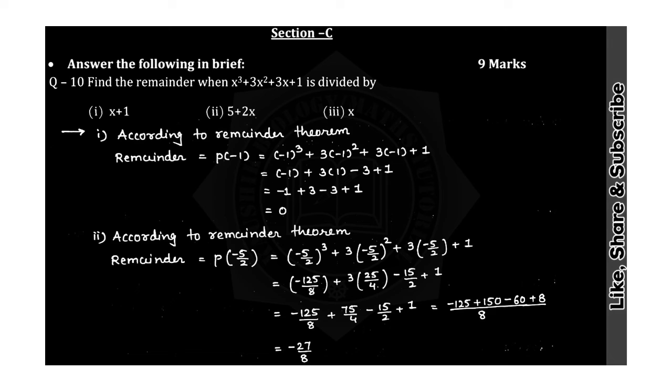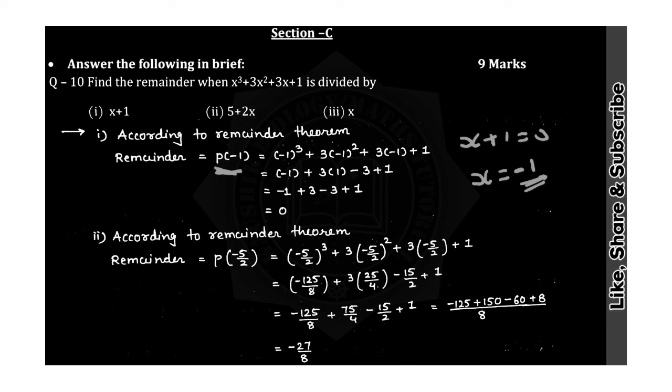If you consider the first one, your linear polynomial is x plus 1. Take x plus 1 equal to 0, so plus 1 goes to the opposite side and becomes minus, so x is equal to minus 1. That means in your polynomial, in place of x, we write minus 1 to get the remainder. Therefore in the first case the remainder is p of minus 1, that is (minus 1) raised to the power 3 plus 3 into (minus 1) raised to the power 2 plus 3 into minus 1 plus 1.